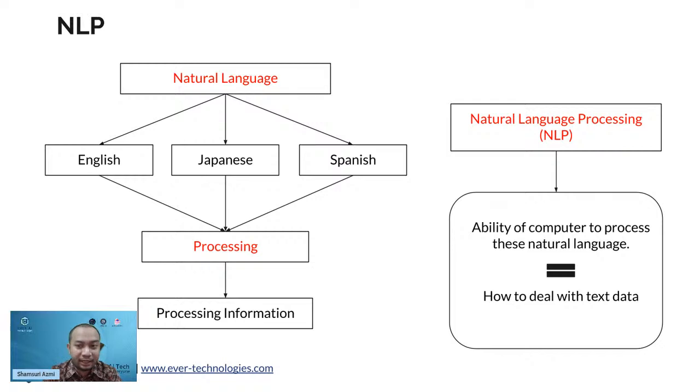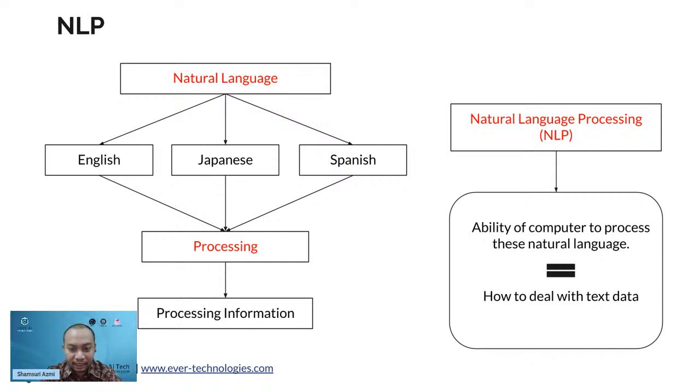When it comes to NLP, there are two main things that we need to break it into, which are natural language and processing. So the first part is, what is natural language? Well, when you think about language, you will see up here there are three languages, which are English, Japanese, and Spanish.